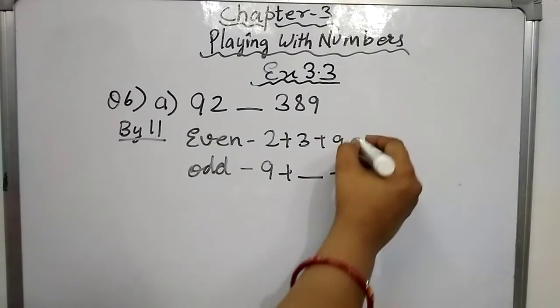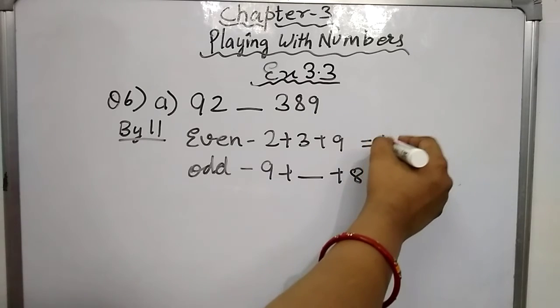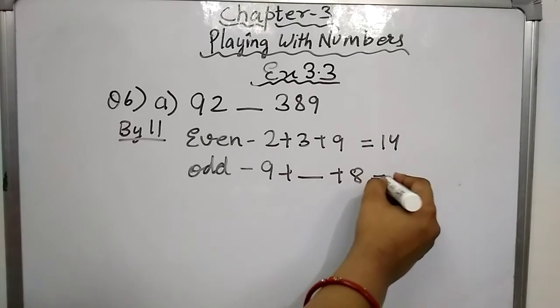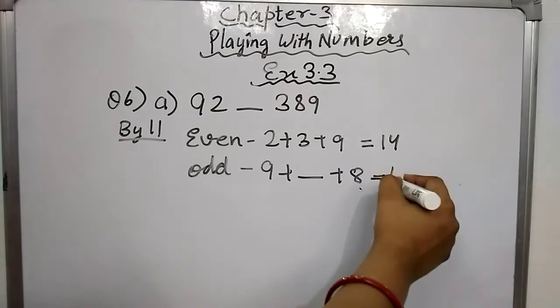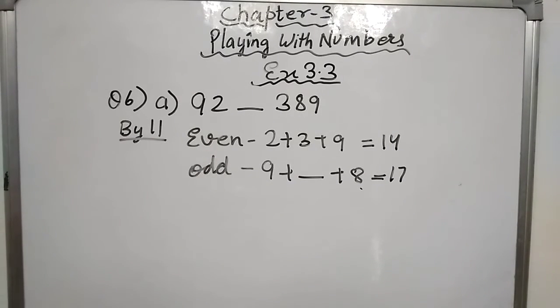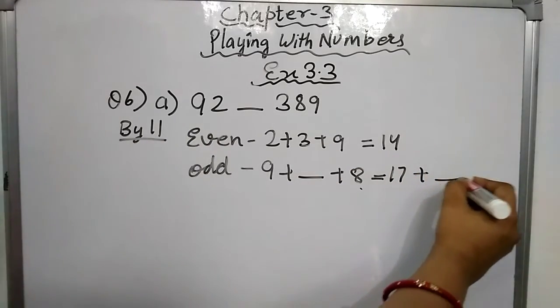So this sum of even digits is 14. And 9 plus 8 is 17. We don't know what will come at the place of this blank, so it can be written as 17 plus a blank.